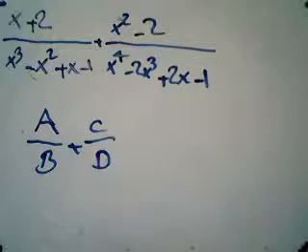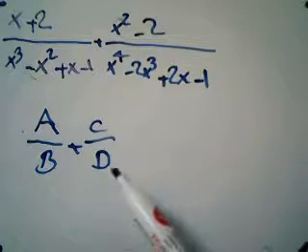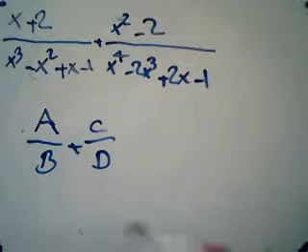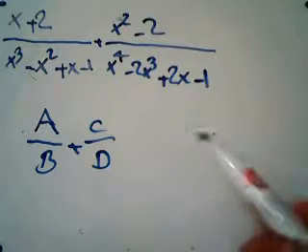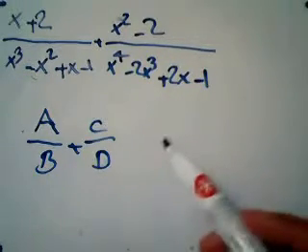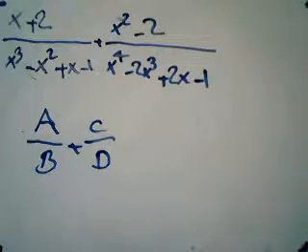Okay, now the least common multiple or divisor of b and d is a polynomial which is divisible by both of them, but is of the lowest possible degree.